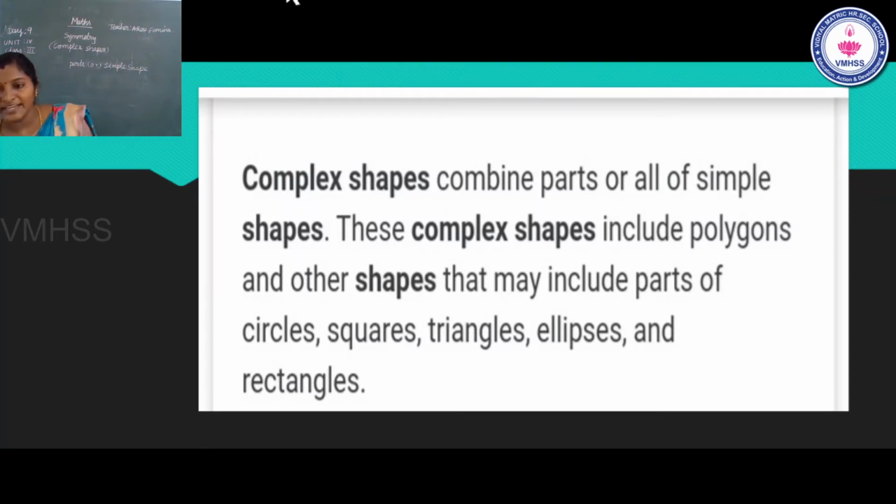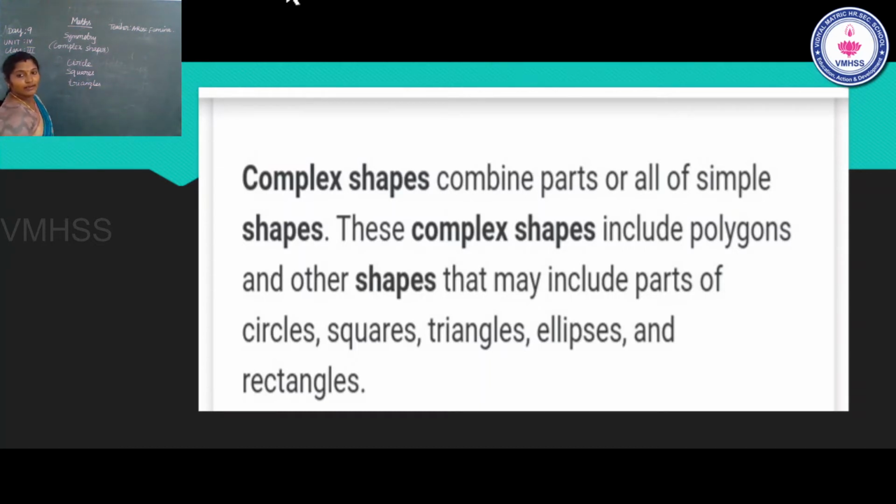So what are the combined shapes in complex shapes? First one is circle. Second one, square. Third one, triangle.